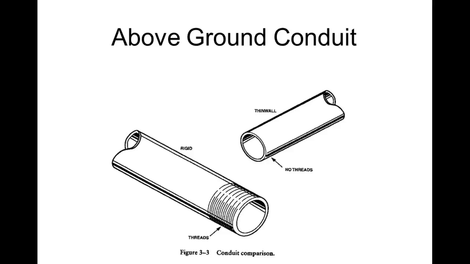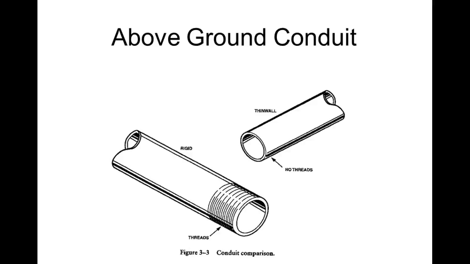Above ground, we usually use rigid conduit, or we use what we call thin wall. So rigid conduit can be threaded. It's usually threaded, so the couplers that we couple this thing together or the joints are going to screw on. Normally on thin wall, we don't thread that because why? Because the walls are too thin, right, to put threads into.